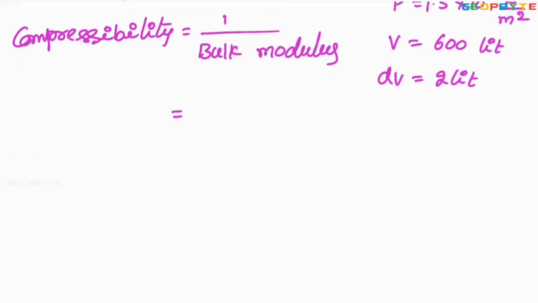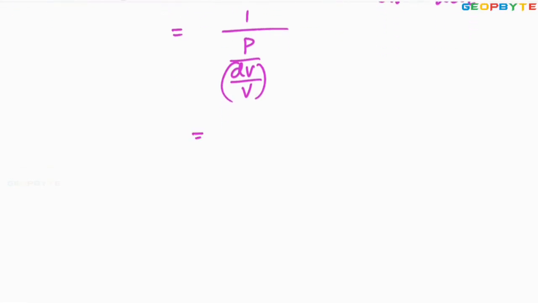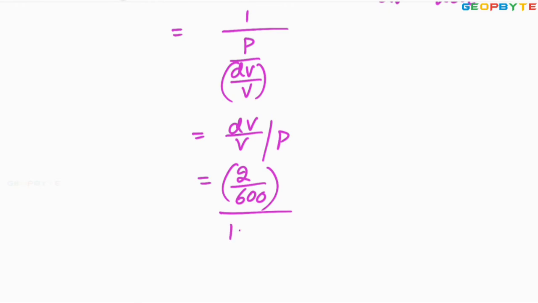Bulk modulus is pressure by dV by V, so compressibility is equal to dV by V, whole thing divided by pressure. dV is 2, divided by volume 600, divided by pressure 1.5 into 10 power 6.